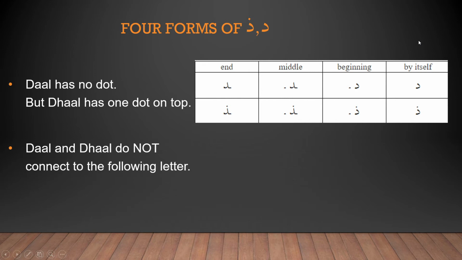For example, if I write Dakhala, which means he entered, we can see that there is Dal and then there is another letter, which in this case is Kha. So this hyphen is supposed to be representing that other letter.